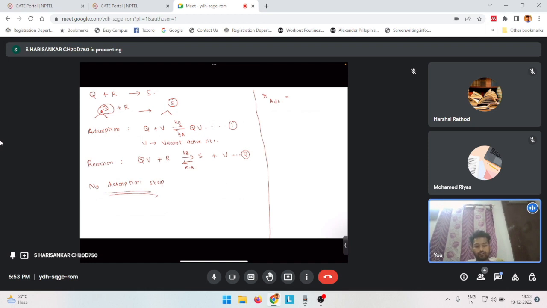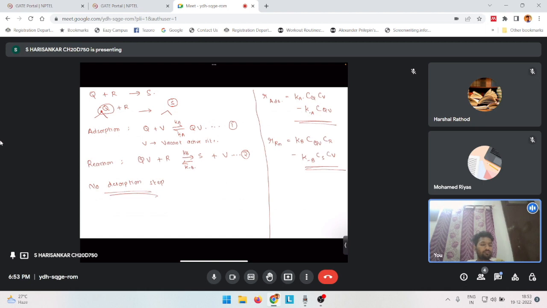The overall rate of adsorption can be written as Ka CQ CV minus K minus A CQV, and the rate of reaction can be written as Kb CQV CR minus K minus B CS CV.